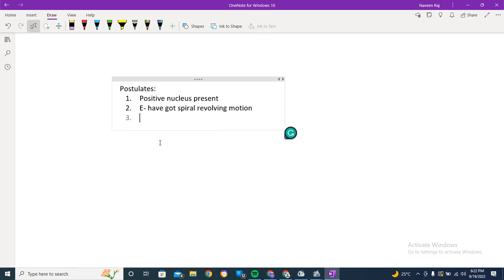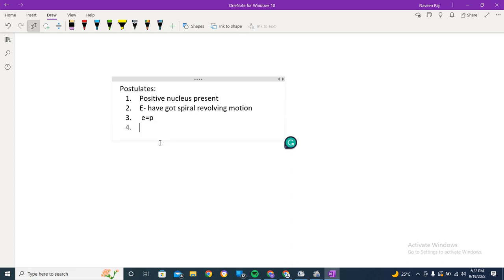And the third postulate which we have got is that the number of electrons is equal to the number of protons. That was something he said, but actually this also gets disturbed in many cases.